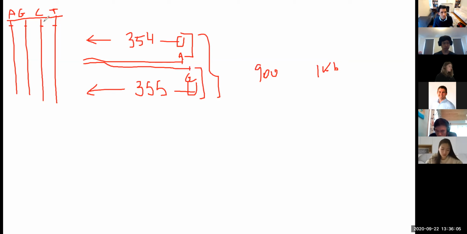So basically in sequencing DNA, I ended up with sequencing reactions that look like this: something lit up here, something lit up there, something lit up there, something lit up there again.